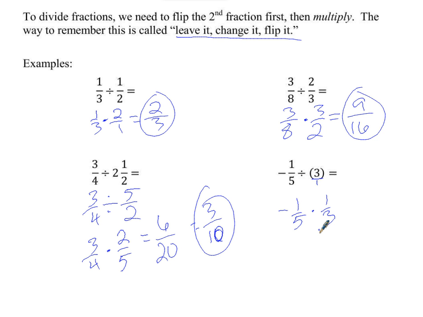Anything else? Okay, just multiply across. What's my sign going to be? Negative. 1 over, good, 1 over 15. Negative 1/15 is the answer there.